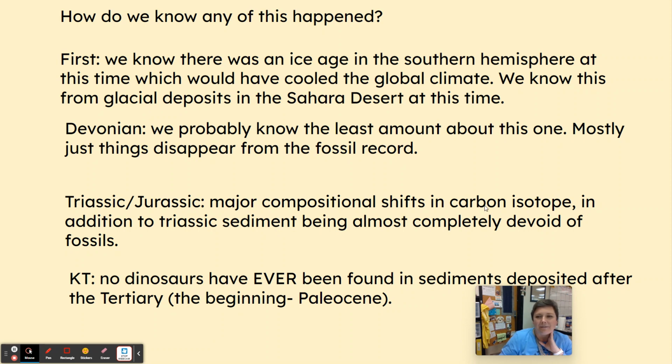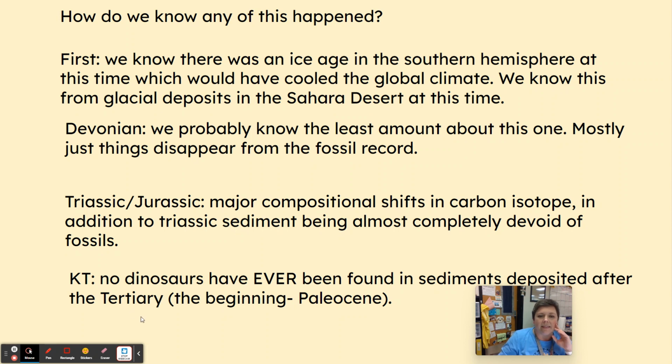So they can tell the difference between the carbon that existed before and the carbon that existed after, in the sediments. And then the Triassic sediment is almost like it doesn't have any fossils in it because there weren't a whole lot of things left after that.